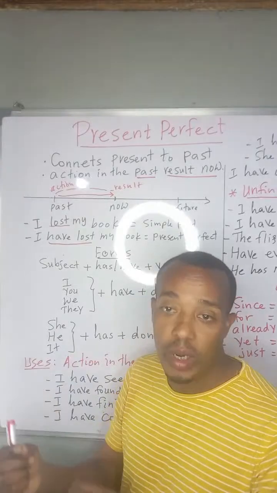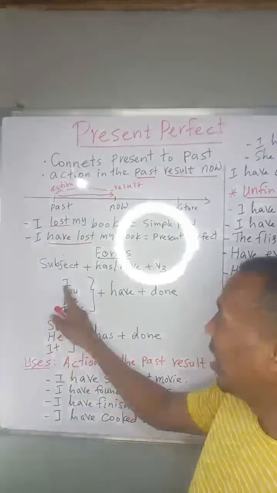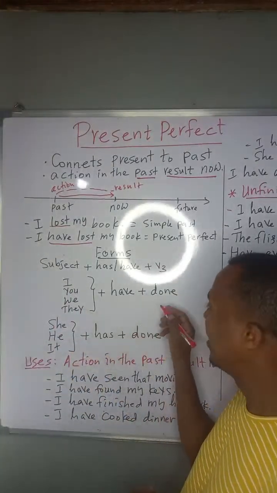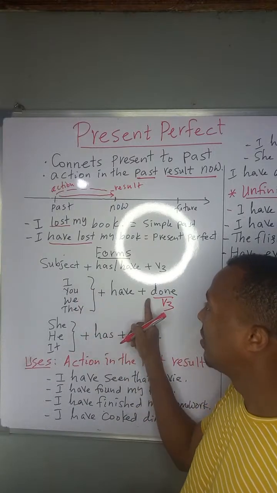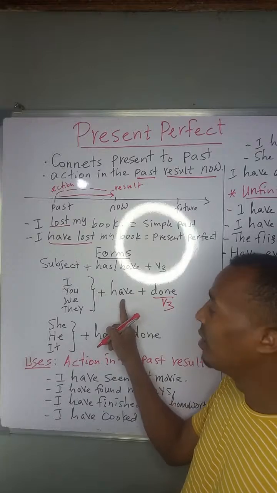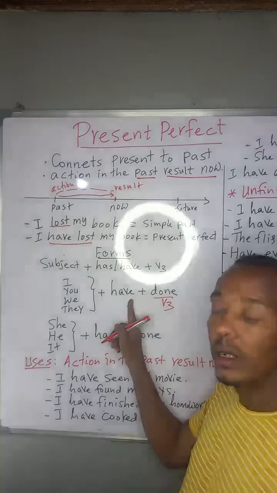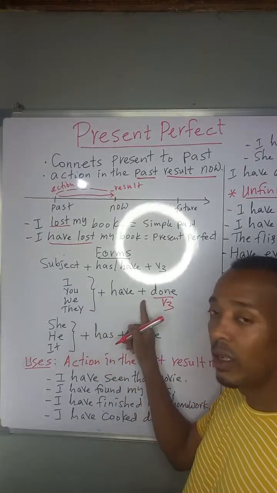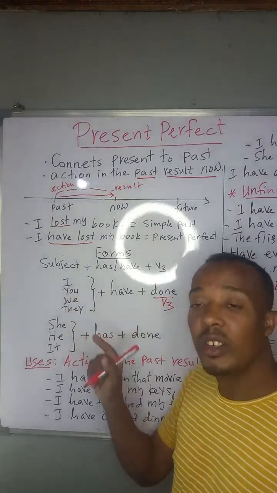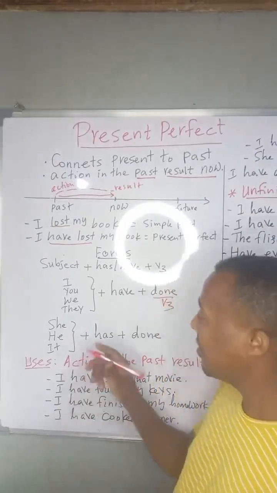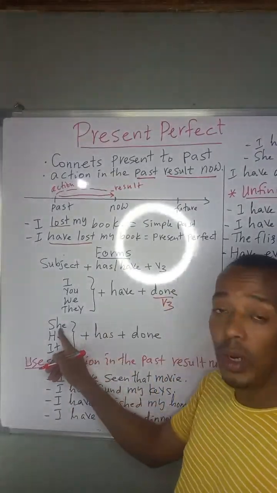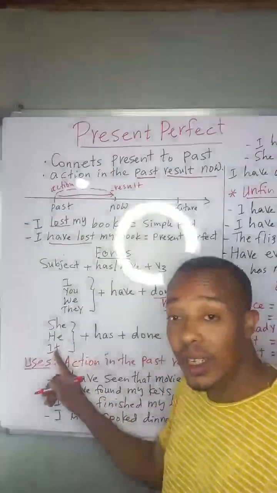This is exceptional agreement. So, I have done. This done is the verb 3 form. I have done, you have done, we have done, and they have done, because these pronouns are plural. But she is singular, he is singular, it is singular.